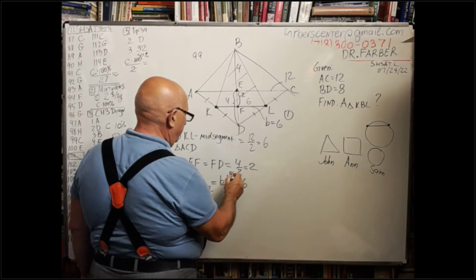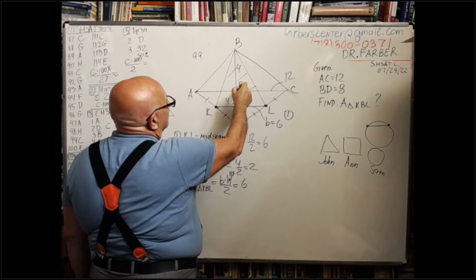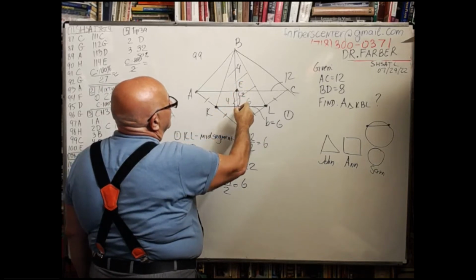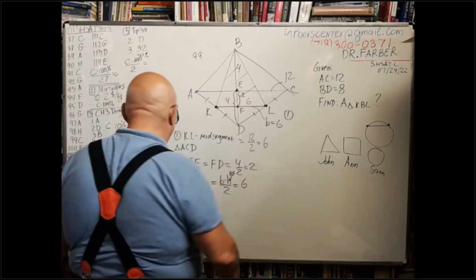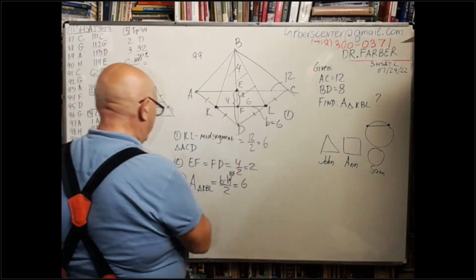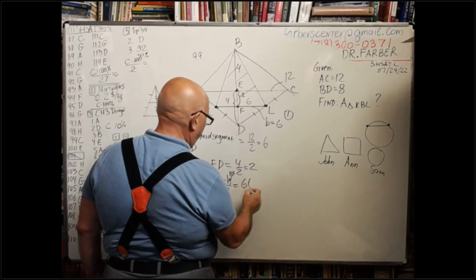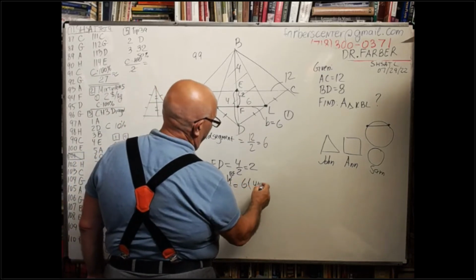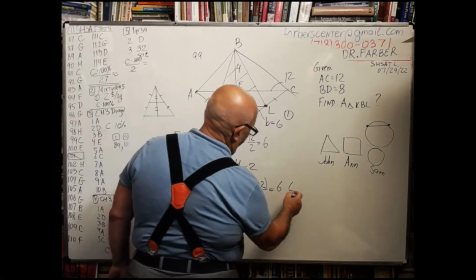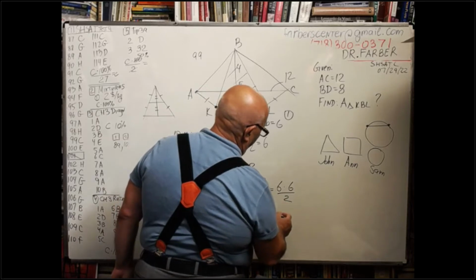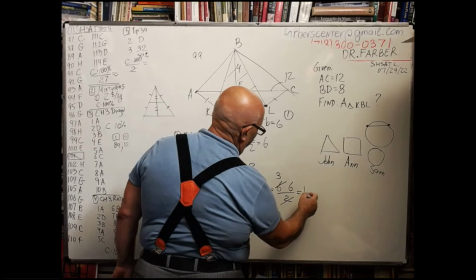This equals 4 plus 2. Addition postulate. Agree? Yes or no? Let me write here. 4 plus 2. Divide by 2. Or 6 times 6 divided by 2. 2 goes into 6 3 times. 3 times 6 is 18.